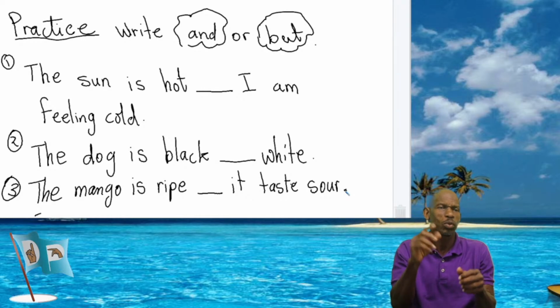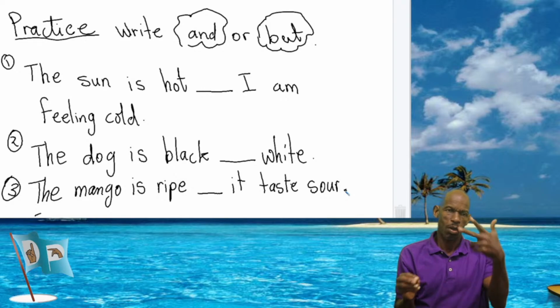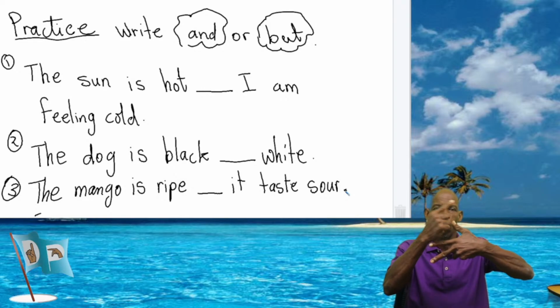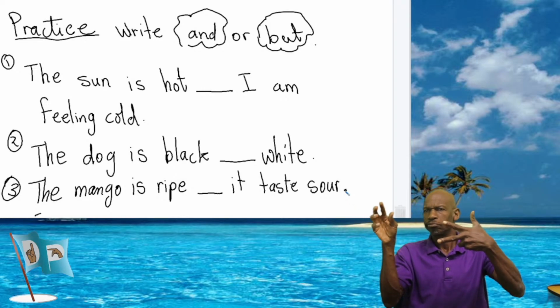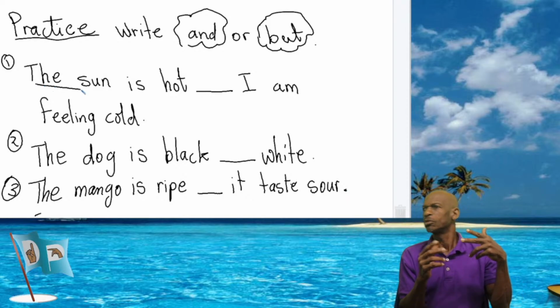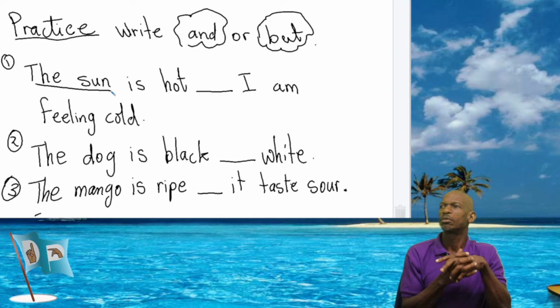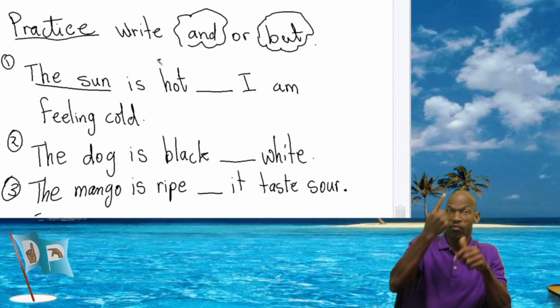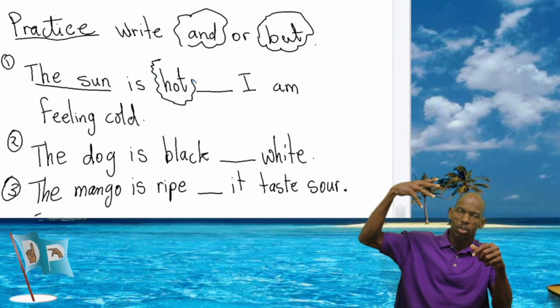So the ideas that we are talking about, we did the main idea already. See this main idea, we're talking about the sun. What about the sun? We're looking at the word hot. Am I circling the words?